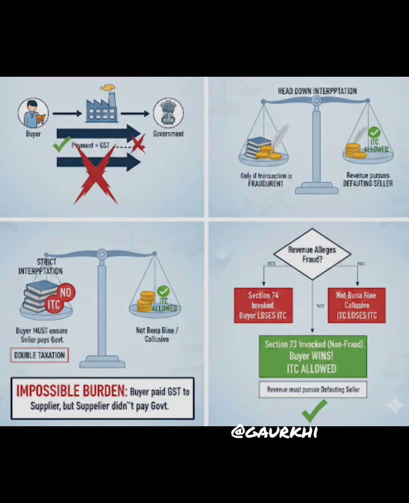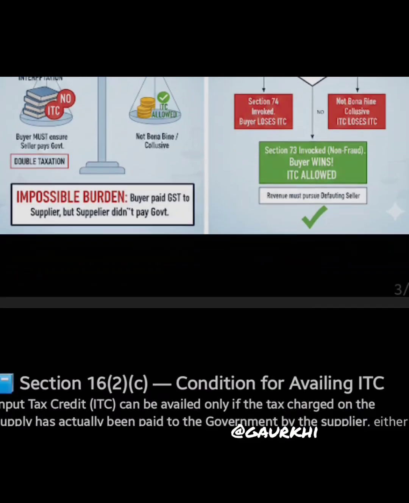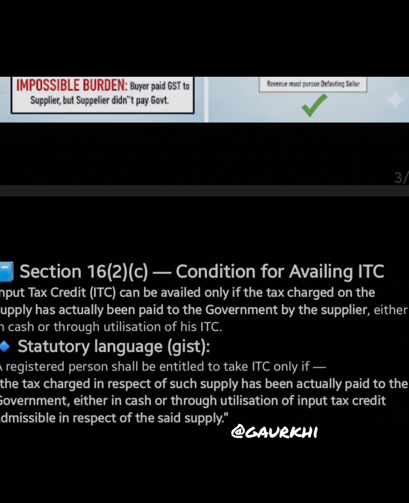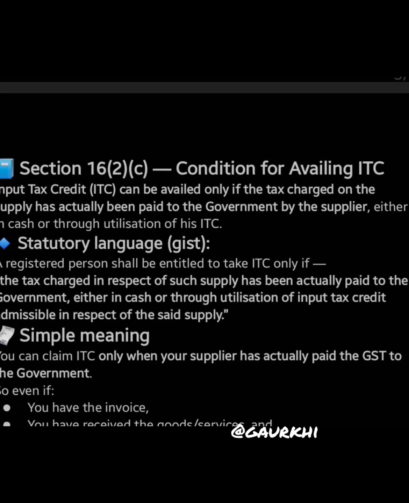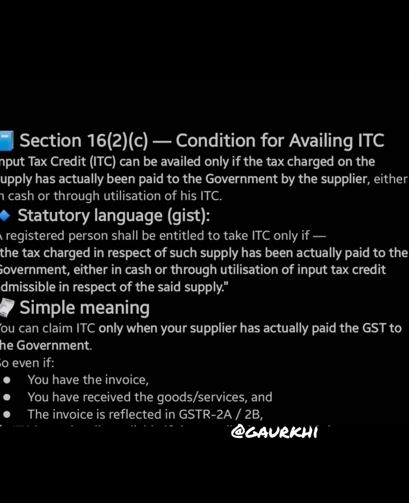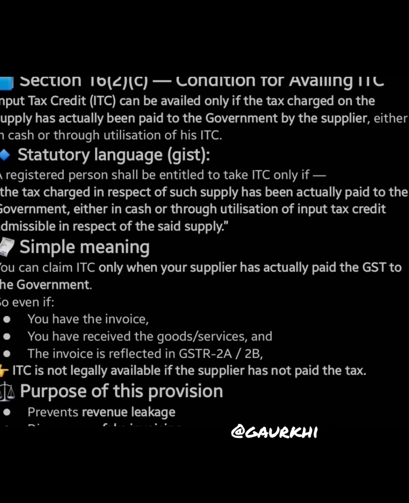You are allowed to take ITC, and no authority is allowed to initiate any proceedings against you in that case, provided you have complied with all other conditions under Section 16, which provides the conditions for availing the ITC, right?